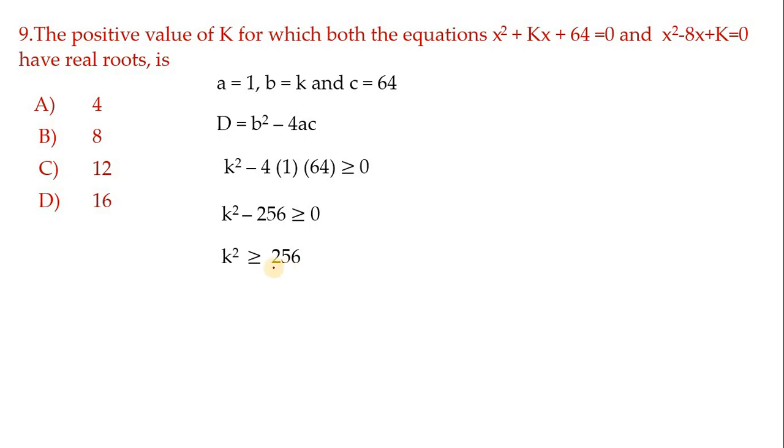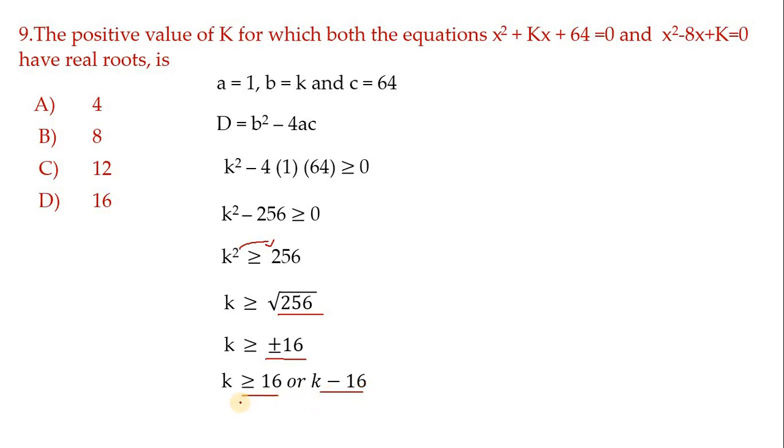Now k square is equal to 256, this square you transfer this side, we get root of 256. 256 has an exact root, that is 16. So two values are present, plus or minus. Plus 16 square is also 256, minus 16 square is also 256. Hence k value will be greater than or equal to 16, or k value will be minus 16.